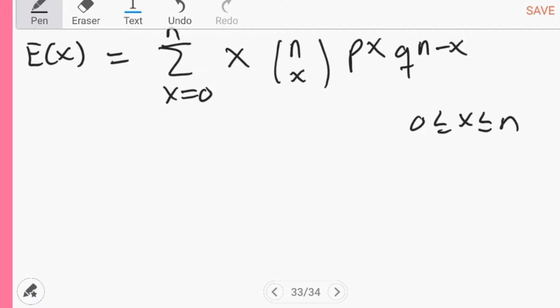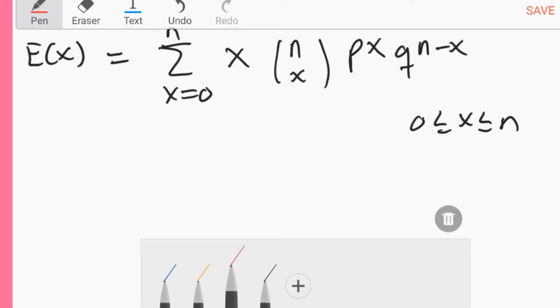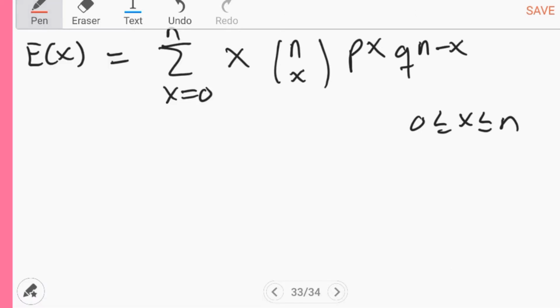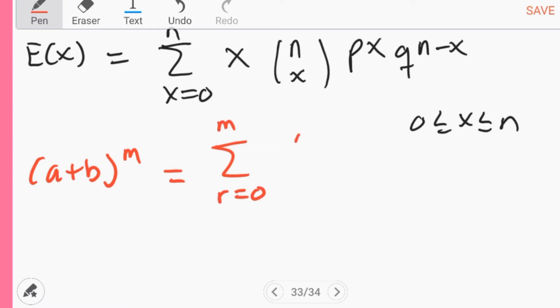Let's look at the binomial expansion theorem. By way of recalling what you've already learned in the previous lecture, the binomial expansion theorem states that (a plus b) to the power m can be written as the sum over r from 0 to m of m choose r, a to the power r, b to the power m minus r.